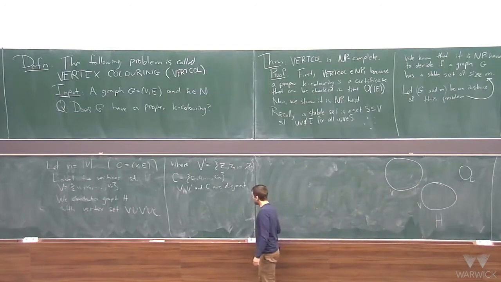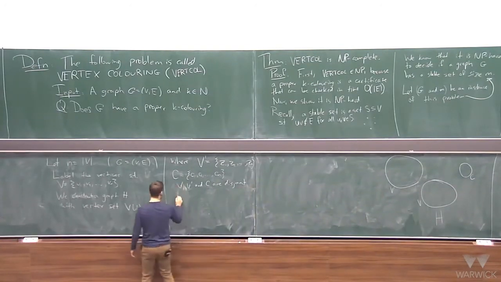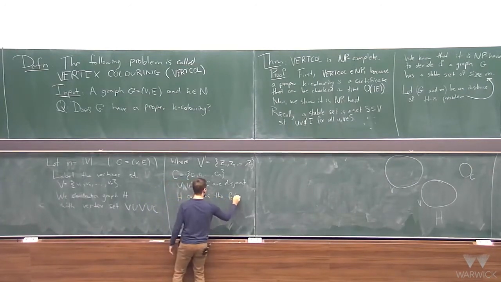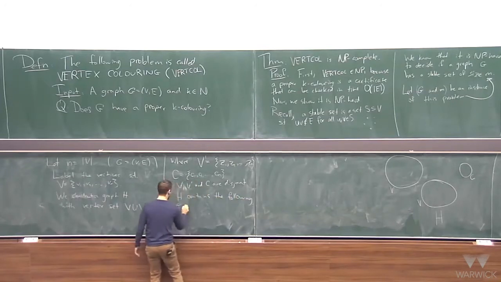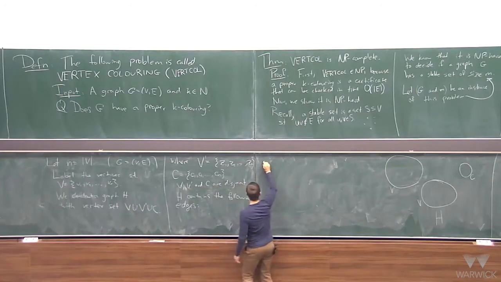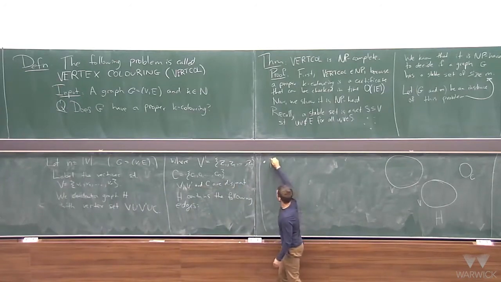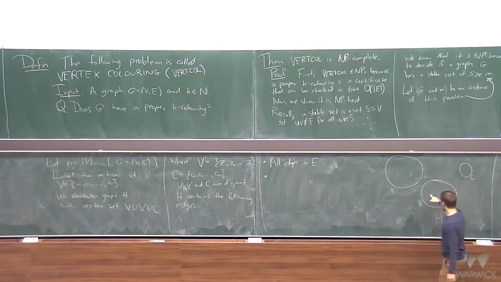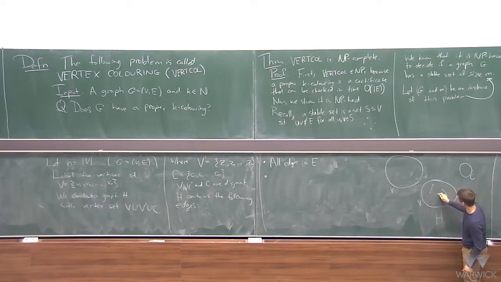Okay, so now H contains the following edges. First of all, it contains all edges in E. So if I look at the set V, it exactly looks like a copy of G, right?